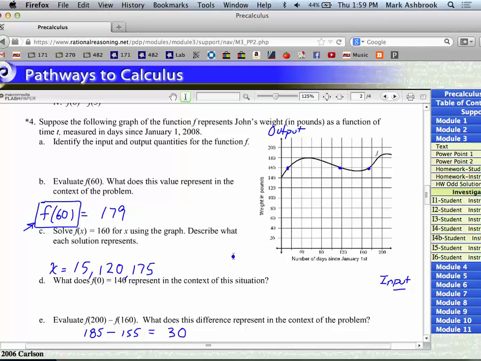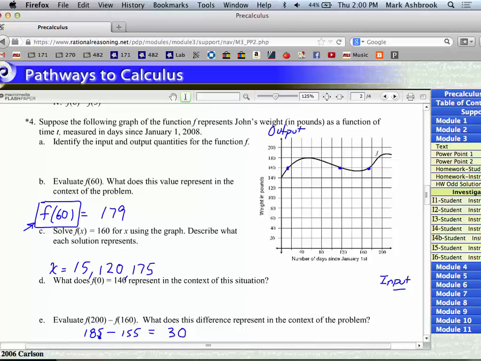What the problem is if you were to enter 15 and get 2 different weights, which we know is impossible. But since 15 days corresponds to one particular weight, always, we're good. 120 always corresponds to one particular weight. So this is perfect. It's still a function.